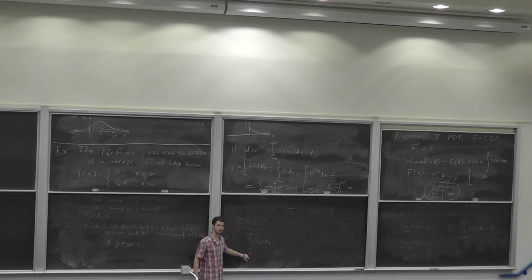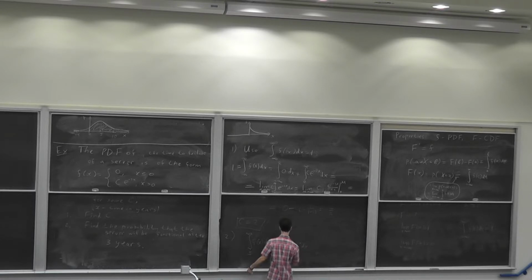Because for positive x, my function is just 2 e to the power minus 2x. I can write this integral in this way, and then continue. Maybe I will skip the calculation.